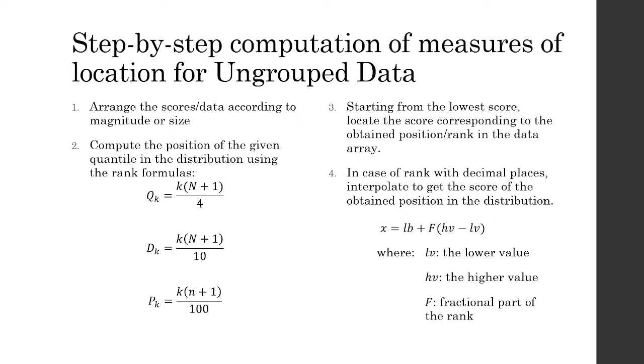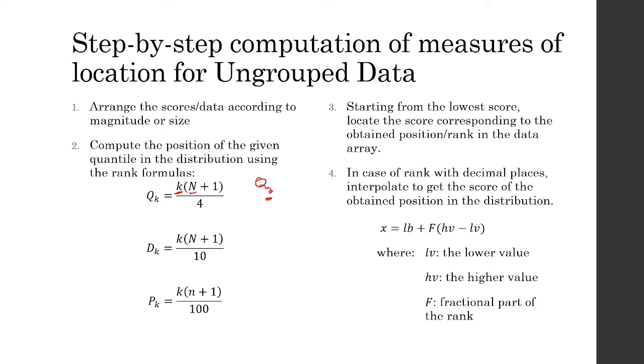It depends on the quartile that you need to compute. For example, if you need to get the third quartile, you just need to change this value into 3, then you have your sample size, plus 1, divided by 4. So that is how it works.